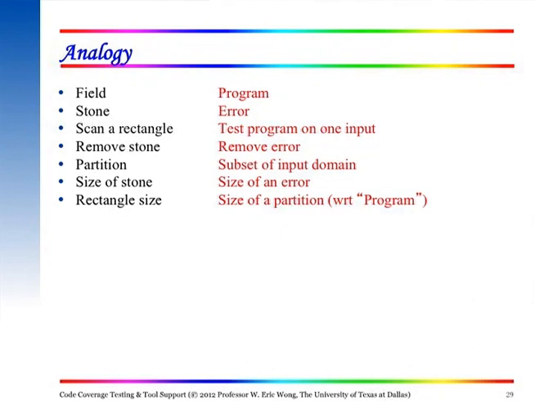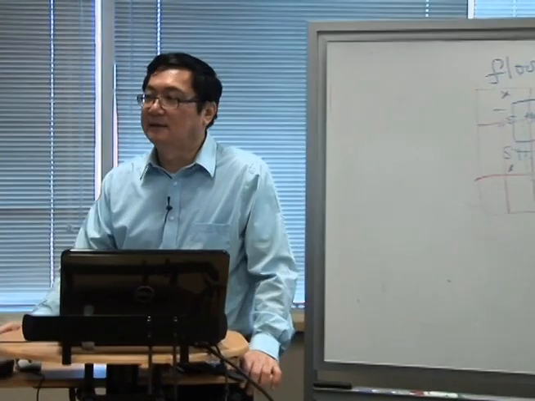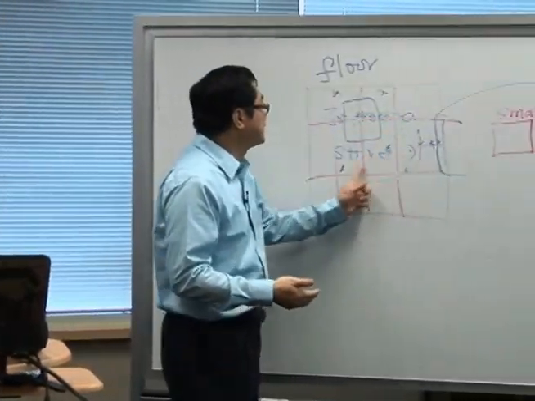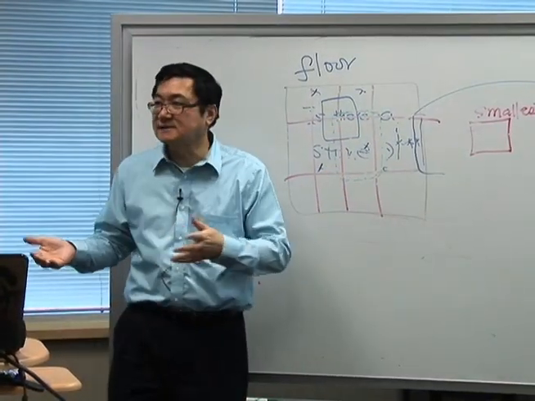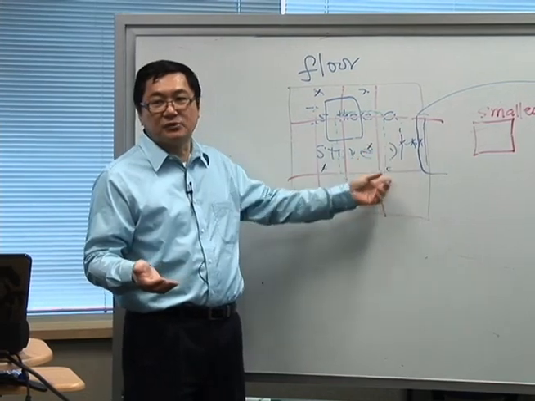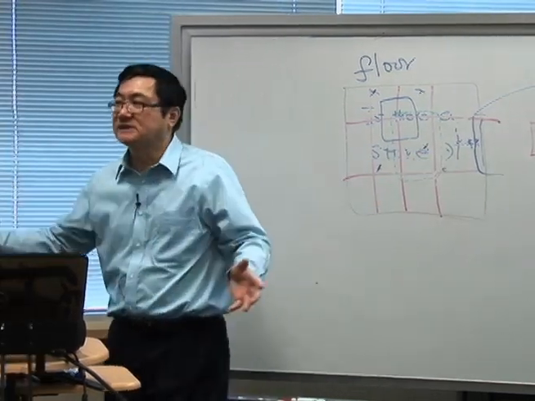So let's conclude. We have a computer program, we have the flaw, we have error, and so on. Based on the discussion we just had, you have different types of coverage. That means the coverage with respect to a cell which has half size, or the coverage with respect to a cell which has a larger size.